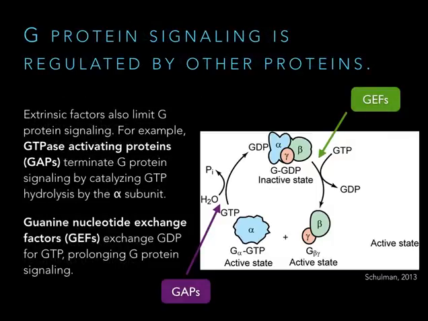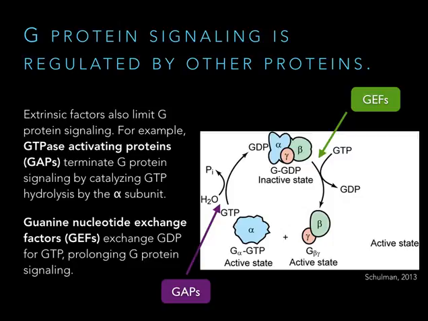Now, of course, the balance between GTP and GDP is going to be regulated by other proteins. Some of them are going to speed up the rate at which GTP is hydrolyzed. These would be the GAPs, or the GTPase activating proteins. So they're going to help turn off G proteins by stimulating the conversion of GTP to GDP.